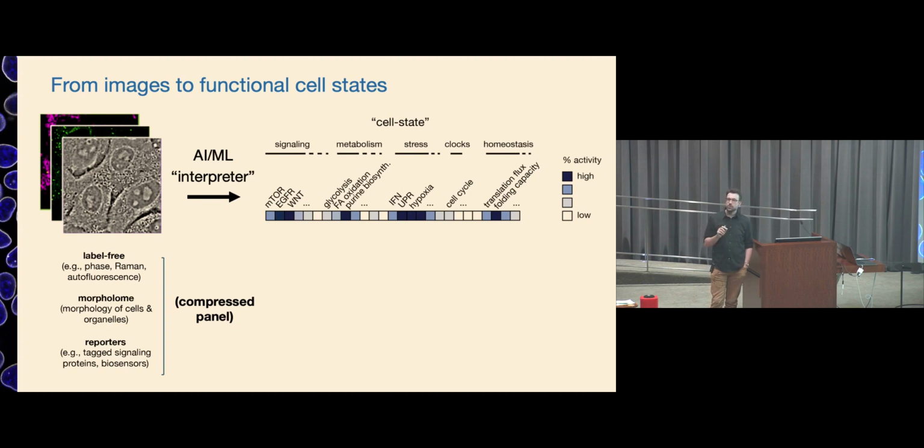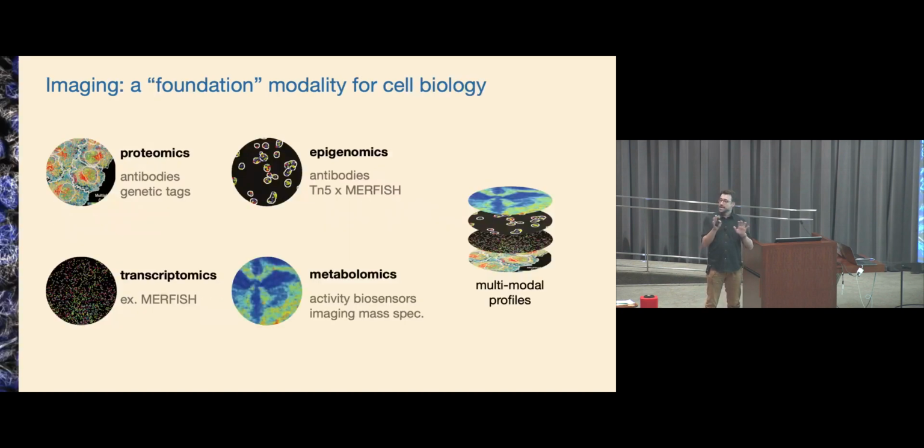And let me give you just a few snippets of why I think that's the case. Well, first, I think we have all the technologies to get the training data to solve that problem, mostly because we can image cells, see how they look, and at the same time measure very deep profiles about their molecular states, doing, for example, spatial transcriptomics, measuring their metabolism using imaging mass spec, or their activities using biosensors, right?